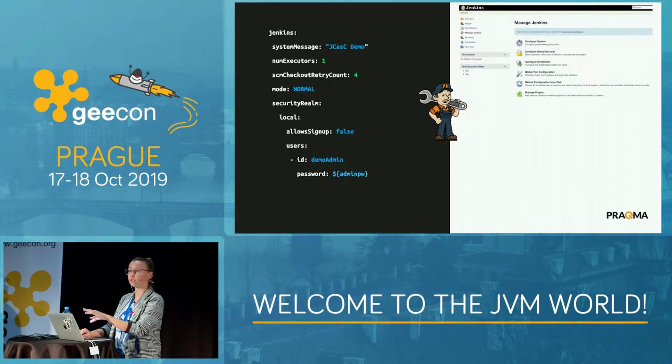And yeah, most of the sections under Manage Jenkins, you can configure using similar to that one configuration file. So configure system, configure global security, configure credentials, tool configuration, that can all be handled by the JCasC plugin. Manage plugins, unfortunately not.